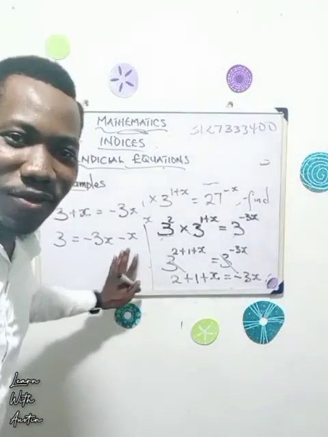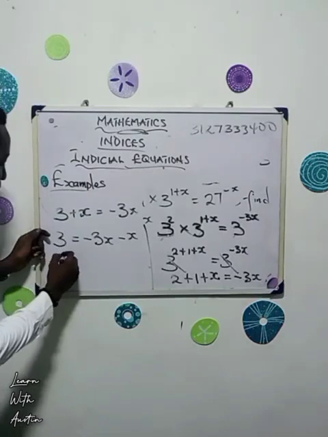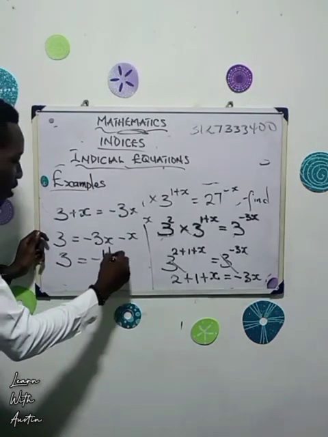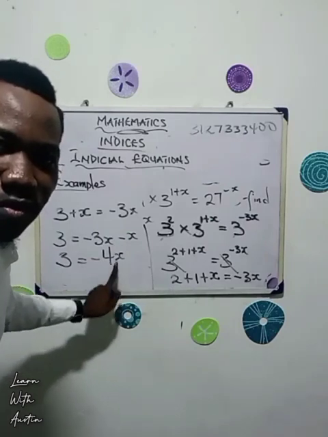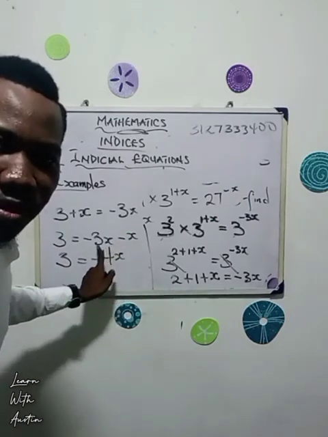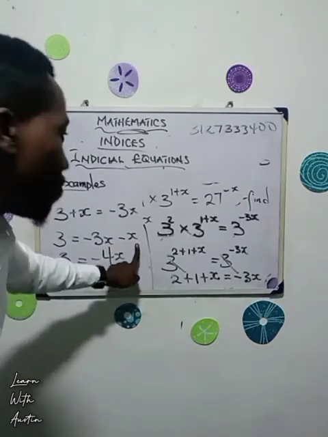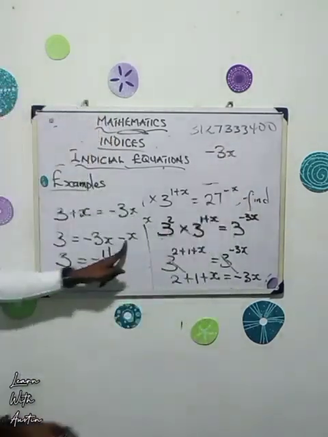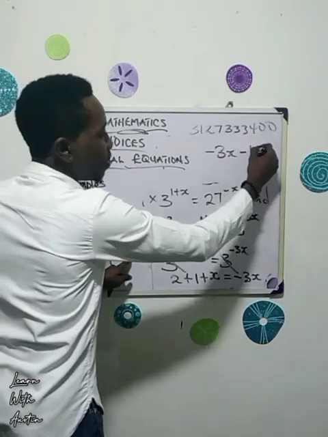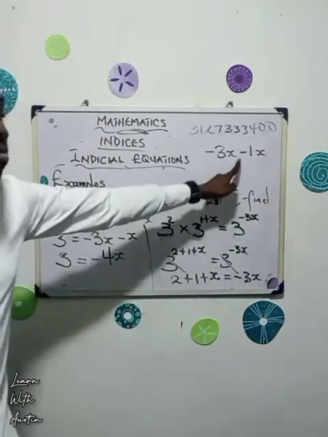So minus 3x minus x gives minus 4x, good. So we have 3 equals minus 4x. Someone might be asking how we got to minus 4x. Don't forget that minus x is the same thing as minus 1x. So what is minus 3 minus 1?